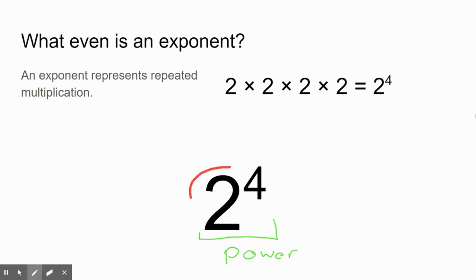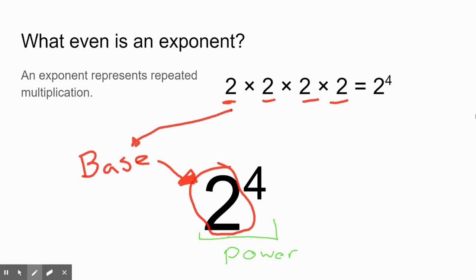If we look at just the 2, this is called our base. It's telling us what number we are using in our repeated multiplication. Here we see 2's, that's all we have, so that is our base. That is what we use when we're making this power.